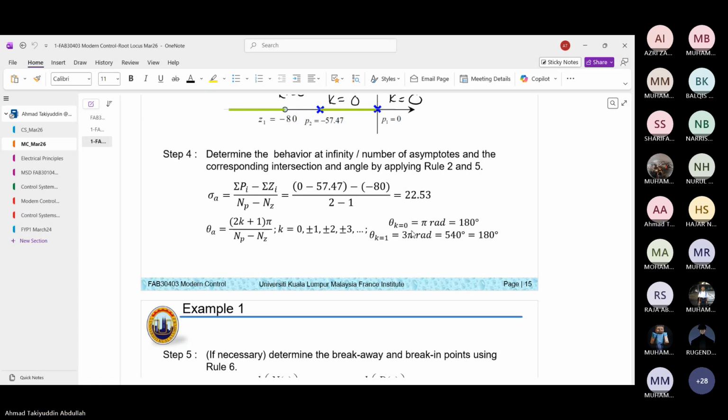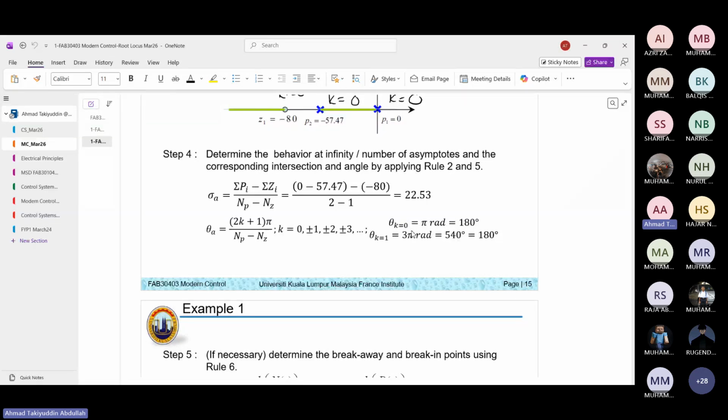Say we have the condition of theta k equal 0, it will be 60 degrees. Then the next, at k equal to 1, we are going to have 180 degrees. Once it comes to the next k that is equal to 2, probably we are going to have 300 degrees.